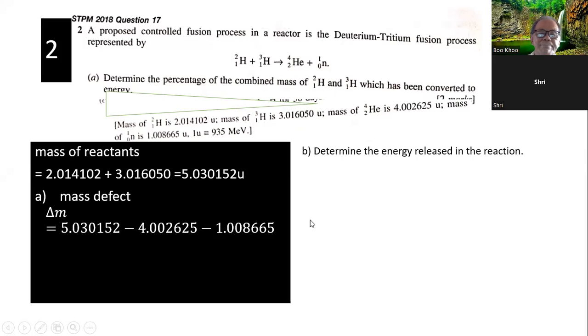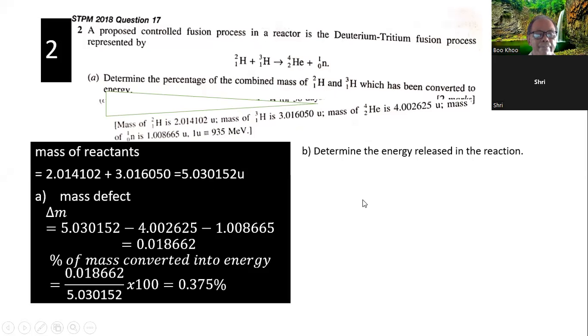There's a neutron there. Then the percentage of mass converted into energy: that's the mass converted into energy, divided by the initial mass, times 100%. So it's very small.